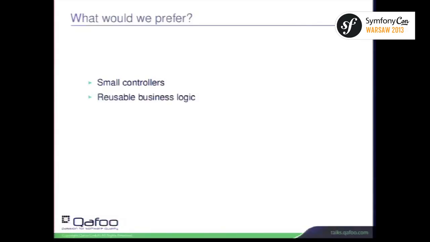We want to have something that is reusable. If we have rules that happen at different places, we want to have them reusable and not have to write them over and over again. And also recombinable business logic. So if I have some task that is done in some way, then maybe I want to reuse this in another way, or maybe rewrite how it works in an easy way. And then we also want to have decoupled bundles.